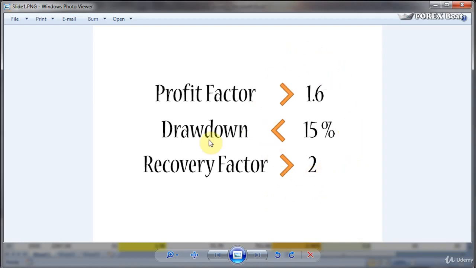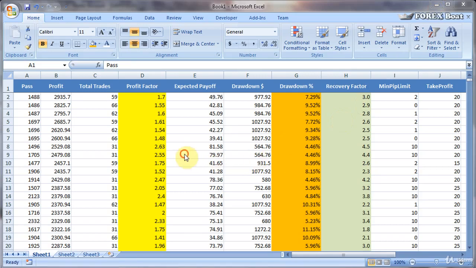So let's go back to our system, which is Simple System version 5.0, and look at this on an example. Here in front of us I have the exported optimization results which we put into Excel in the previous tutorial.